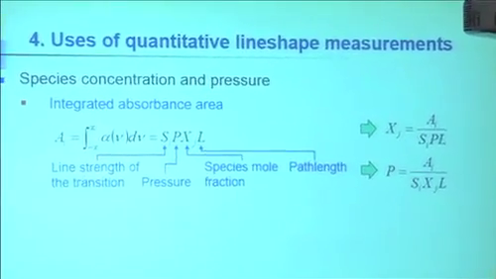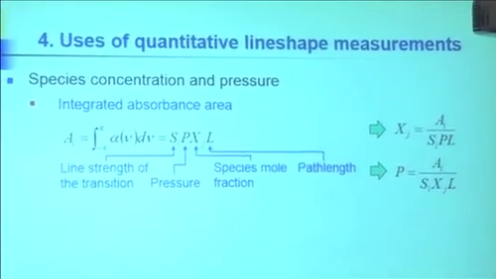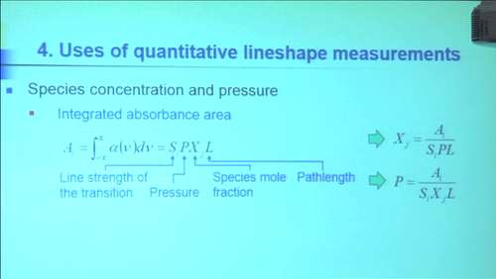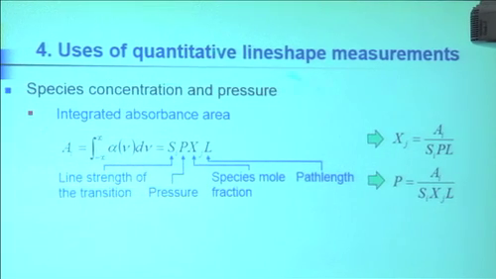So okay, now I want to show you how we make quantitative measurements recognizing the role of the line shape. So we want to make species concentration and pressure measurements. How would we do that?